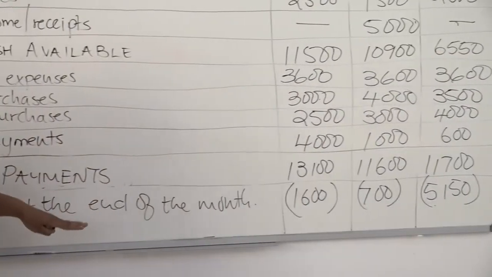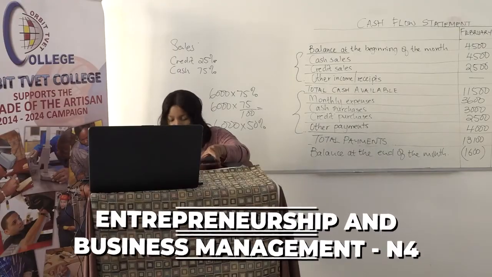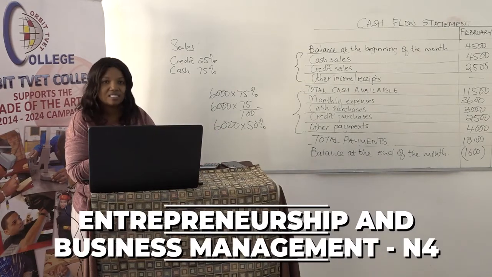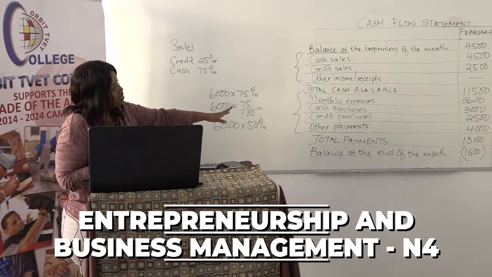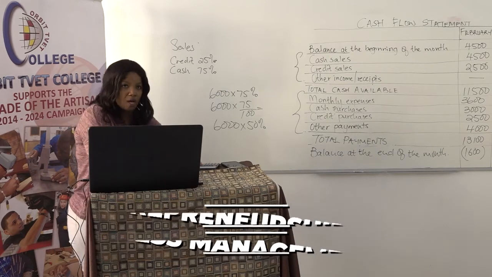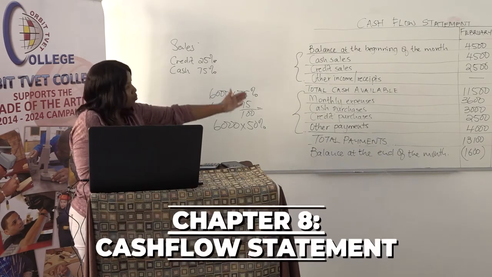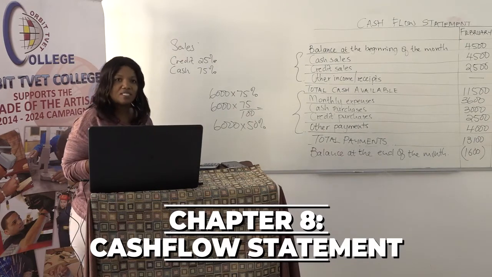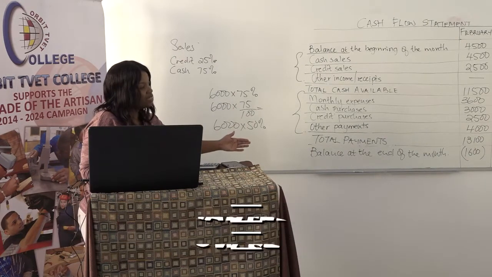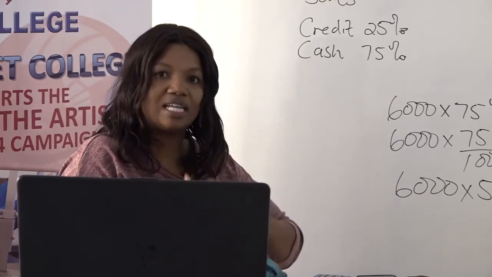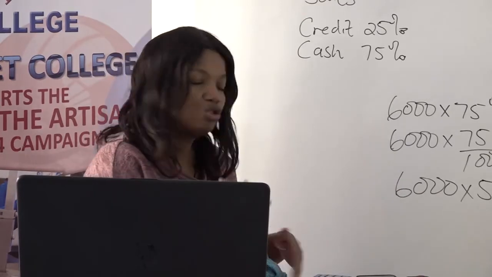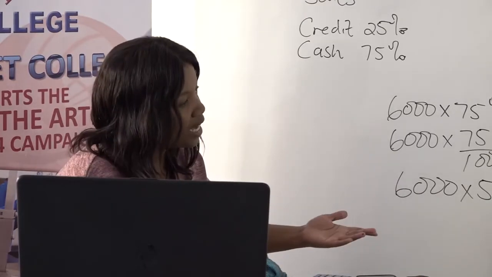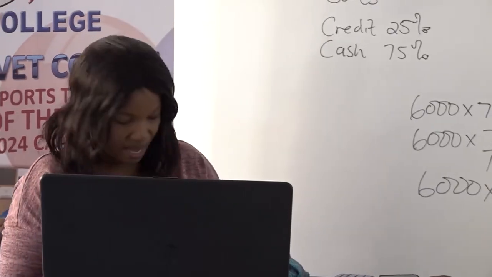Now, looking at our cash flow statement, when we analyze it, it indicates that this business needs to obtain a loan because from February to the last month of our cash flow statement, they're always running with a negative amount. So it means that they will always run short. Now, to avoid that, they need to obtain a loan from the bank.